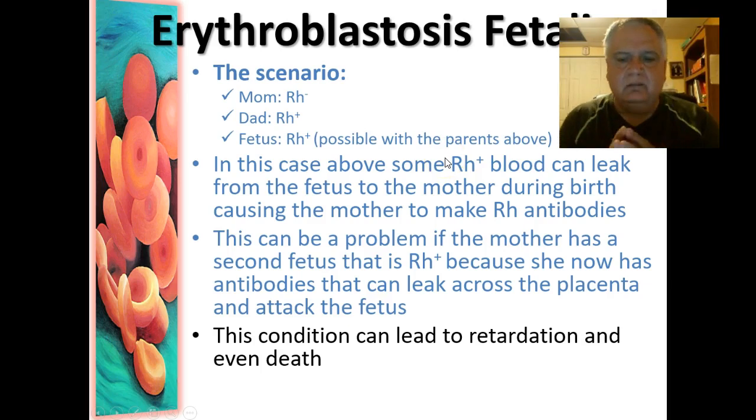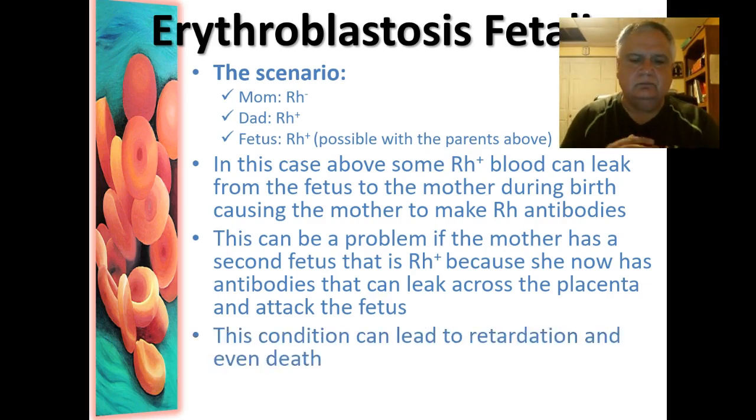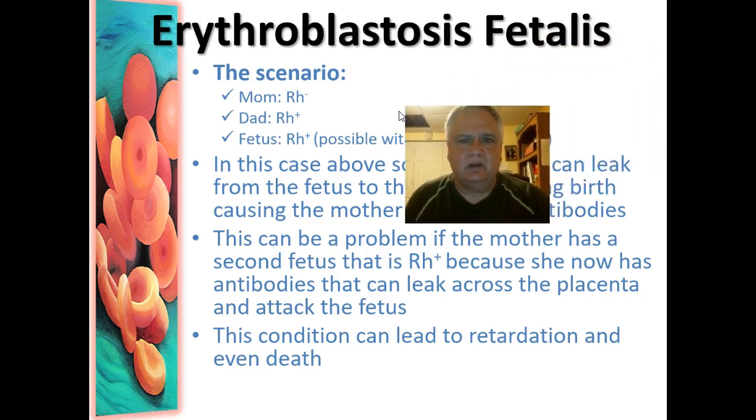And if it doesn't occur fast enough or early enough, it can lead to mental retardation at best, and at worst, the death of the individual. So knowing whether an individual is Rh positive or Rh negative is also very important with regard to blood typing and transfusions.